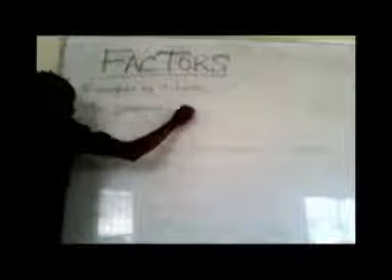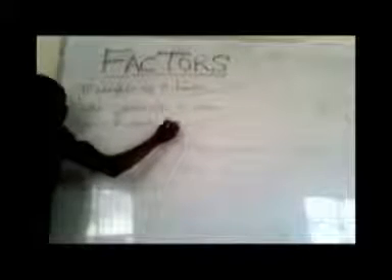So the factors of 6 are 1, 2, 3, and 6 itself. The factors of 6 are what? 1, 2, 3, and 6.